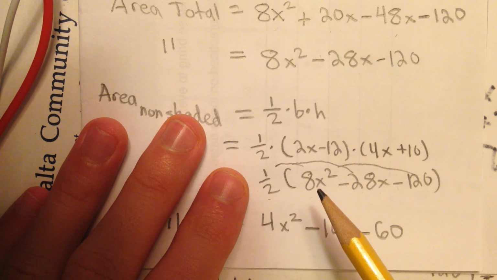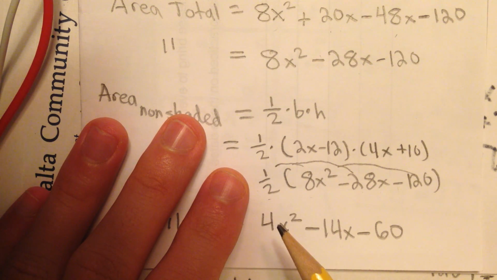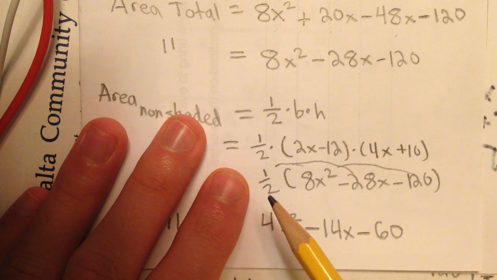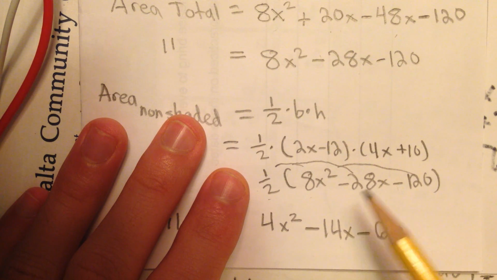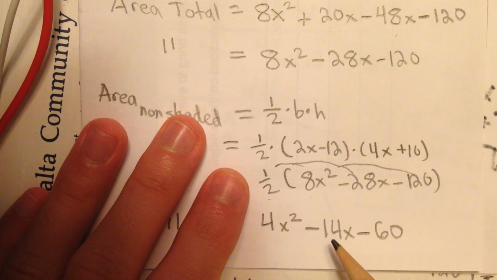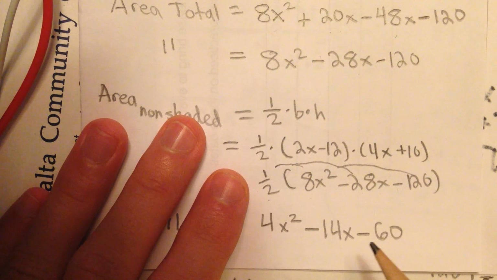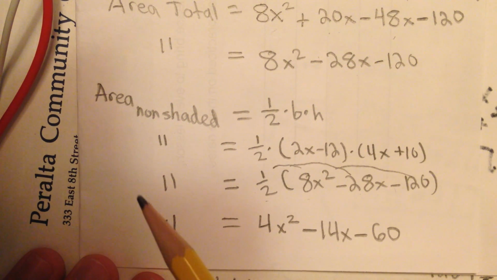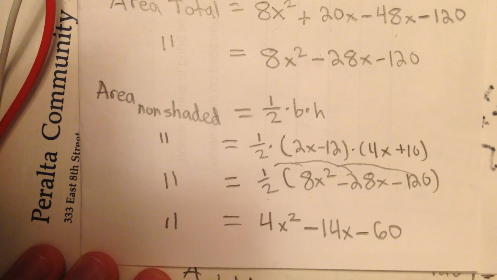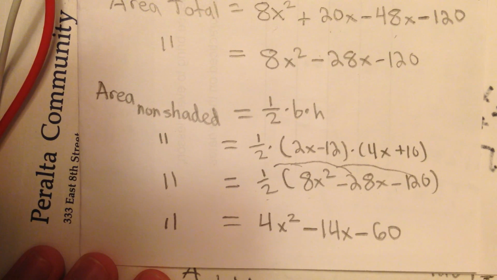One half times 8x squared is 4x squared. One half times negative 28x is negative 14x. And one half times negative 120 is negative 60. So the area of the non-shaded region is 4x squared minus 14x minus 60.